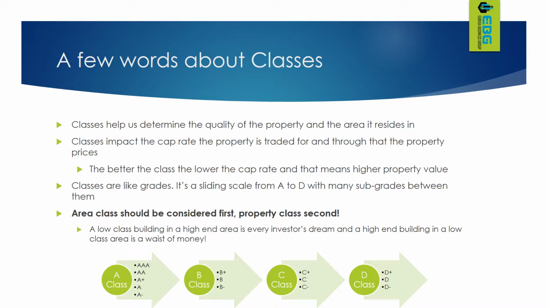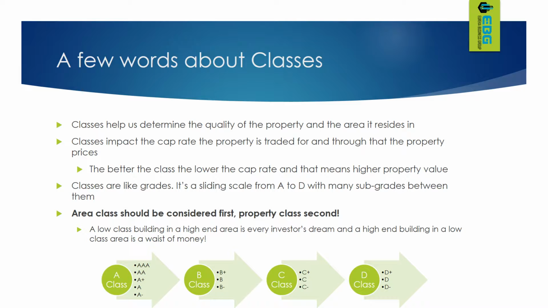Before we dive into the actual classes that the area and the property have, let's talk about classes in general for a second and why we use them in multifamily investment. Well, the first thing is when somebody tells you the classification of a property, you immediately know what kind of demographics you're going to deal with, how the area is going to look, and what condition you should expect when you get out to the property and take a look at it.